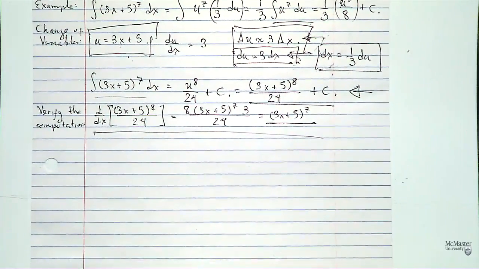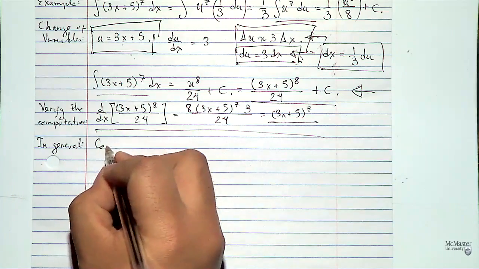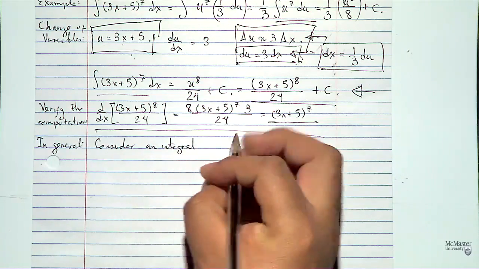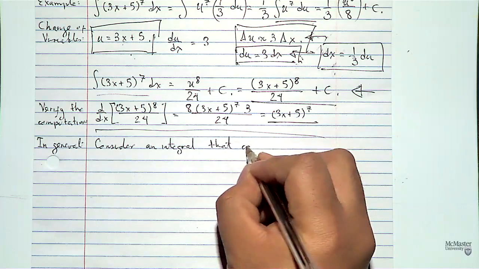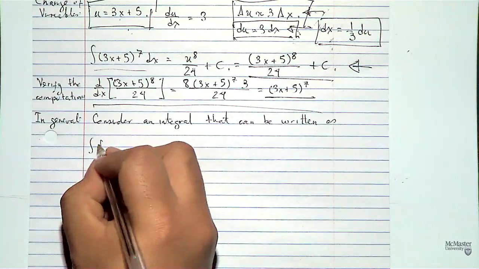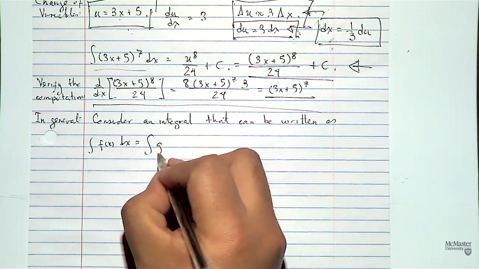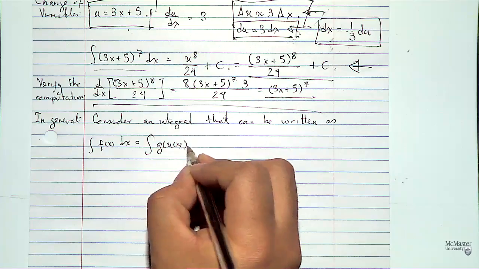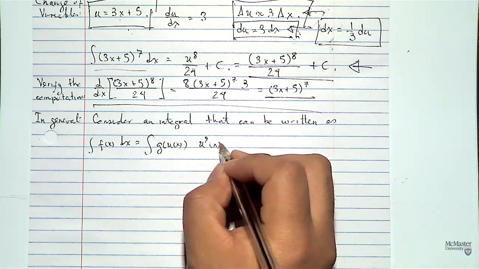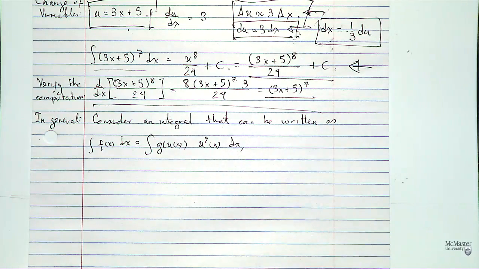So in general, we would consider an integral that can be written, by assumption, as a function g of a function u, which is a function of x, so g of u of x, and then you have u prime of x, the derivative of u with respect to x, dx. I don't know how I got it, somebody gave it to me.